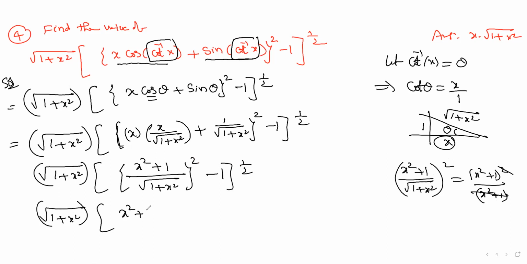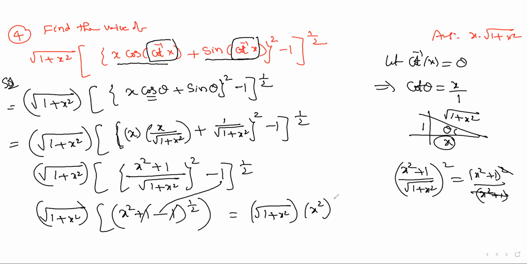Only x square plus 1, only minus 1 here, power 1 by 2. Here 1 gets cancelled: root 1 plus x square, x square power 1 by 2, the 2 cancelled. What is the answer? x into root 1 plus x square. x into root 1 plus x square is the answer.